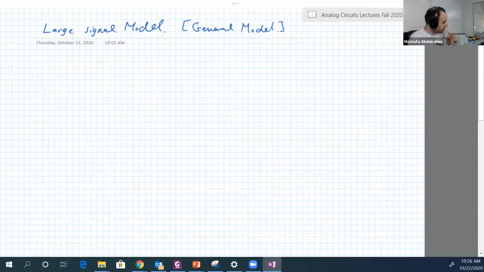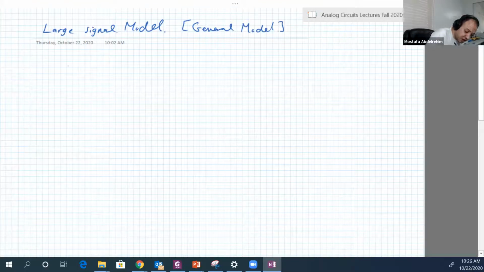But this can be used if the input is large or small. So for the transistor, this is the symbol for it. We have base, collector, emitter. Whenever you have a model, you should have these three terminals: base, collector, emitter.